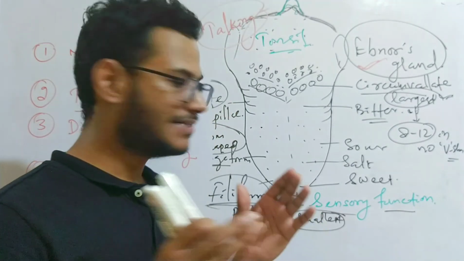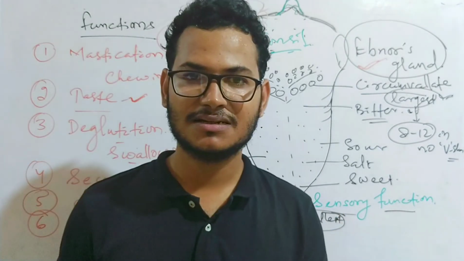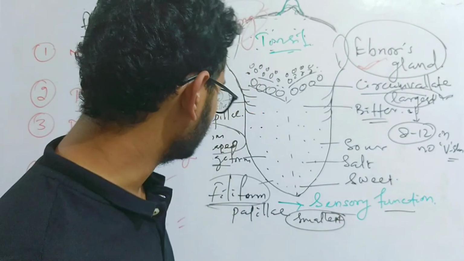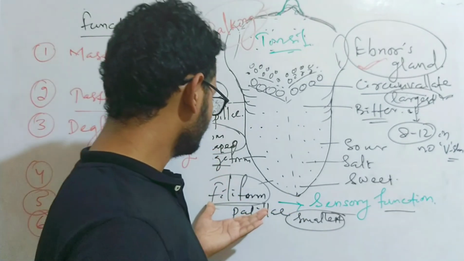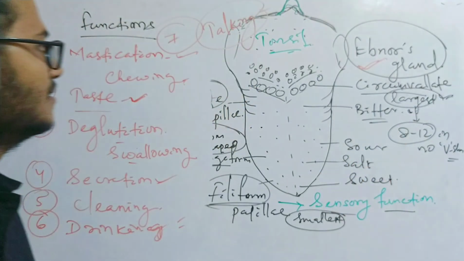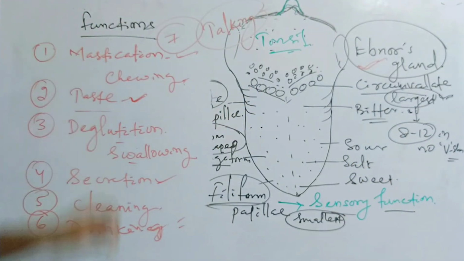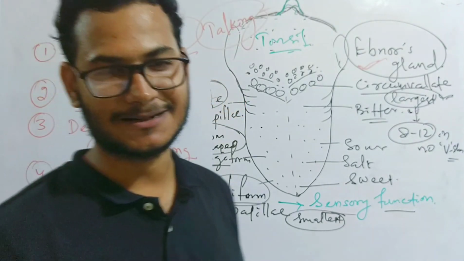Clear? So remember these important terms and the different parts. We call them by different names. Also remember the role of the different types of papillae, different types of taste buds, and most important, the different functions of the tongue.